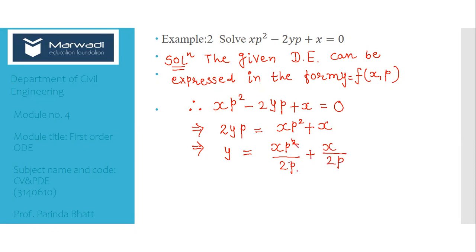One p cancels out, so the remaining term is 1 by 2 xp plus 1 by 2 x by p. This is our equation number 1: y equal to half xp plus 1 by 2 x by p.